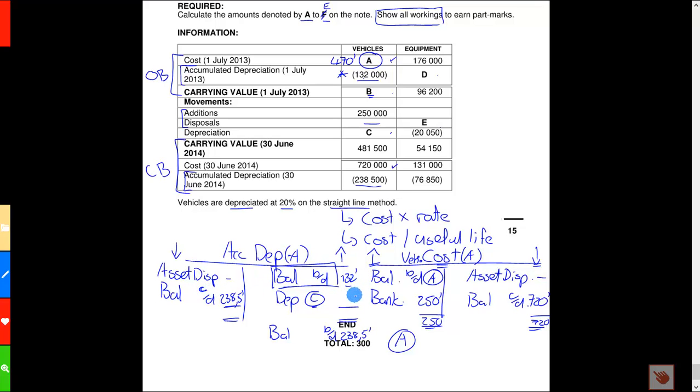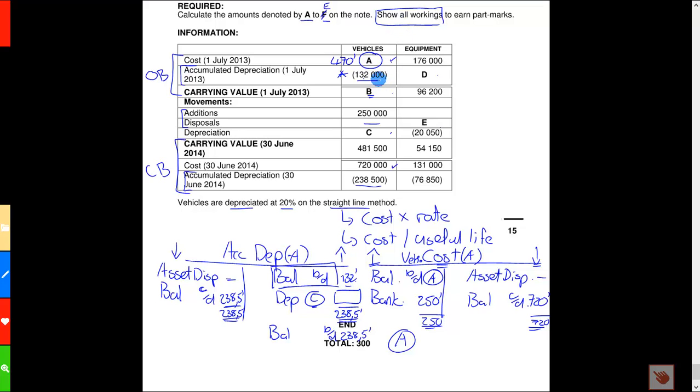So we can add our debits and credits, no disposal there, so both sides need to add up to the bigger amount, 238.5 on both sides, and this is then our missing amount. 238.5 minus 132 is going to give us our missing amount, and that makes 100% sense.